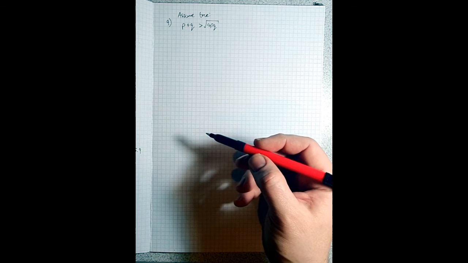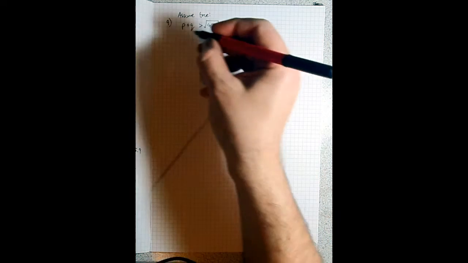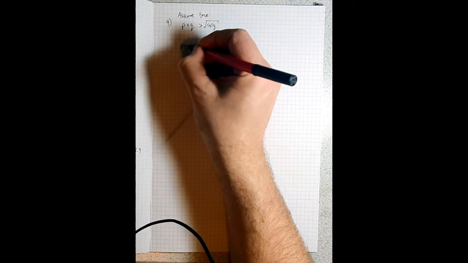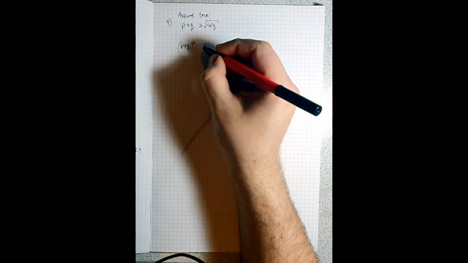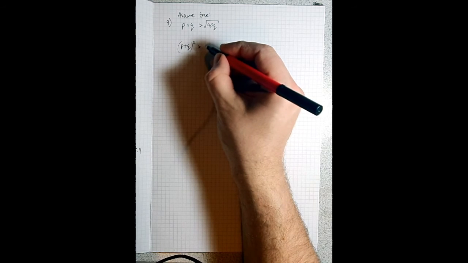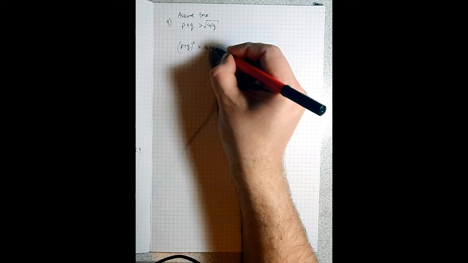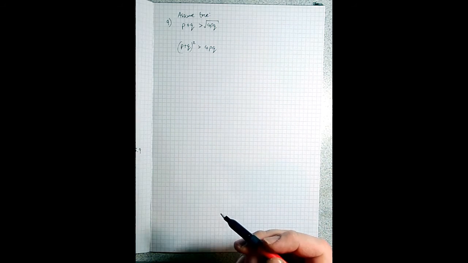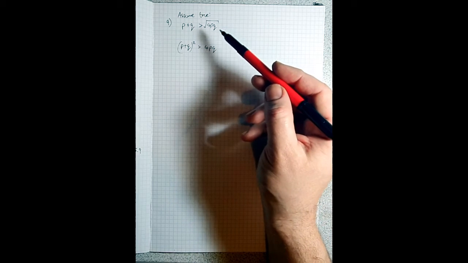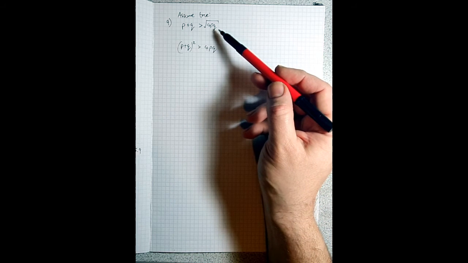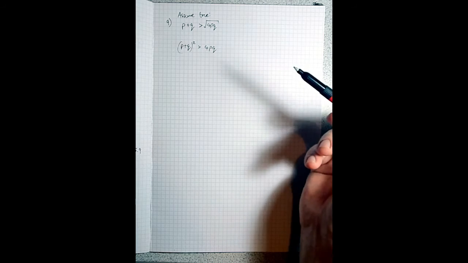What shall I do? I'm going to square both sides. So P plus Q squared is greater than 4PQ. Because if P and Q are both positive, it's true.